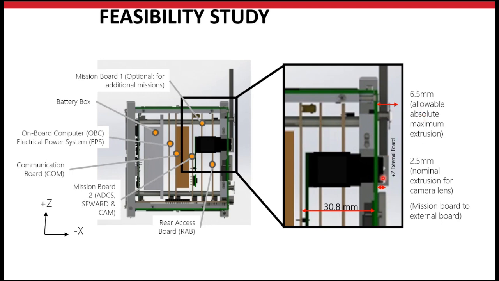So the lens that needs to protrude outside needs to extend not greater than 6.5. So based on this figure, the extrusion from the lens is only 2.5 mm. So this is less than the allowable extrusion given. So this is an example of how you're going to show the feasibility of the mission that you're going to design.